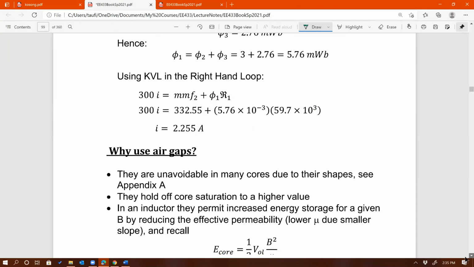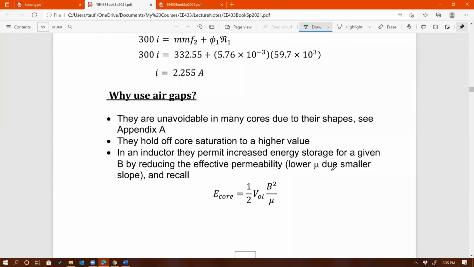We learn the concepts on how to deal with air gaps, but why? Well, the major reason is that in many shapes of cores, having an air gap is unavoidable. So you have to have air gaps in many shapes of cores.